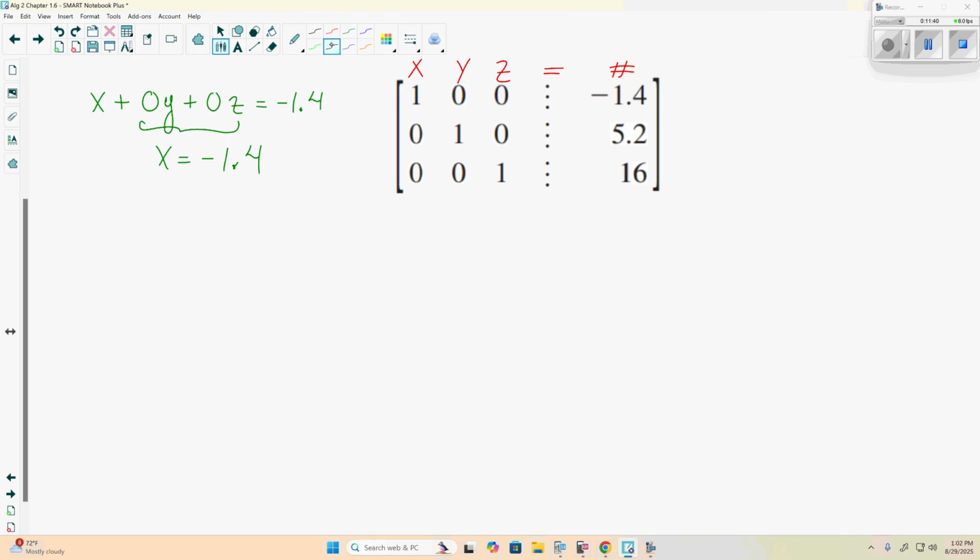In the same case, if we look at the second row, we'd have 0x plus 1y plus 0z is equal to 5.2. And in the last one, we really just have what? Z is equal to 16.